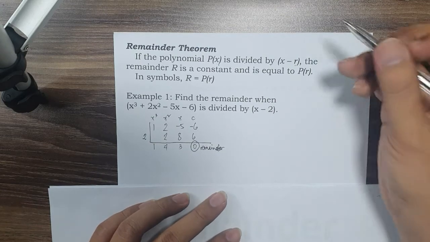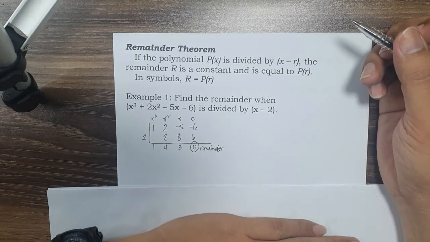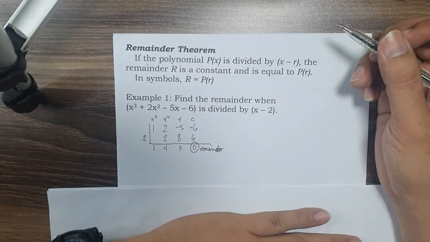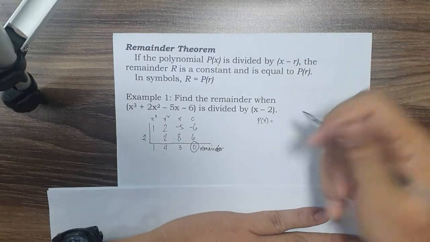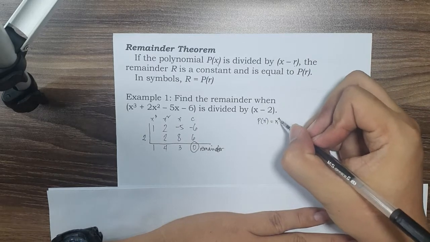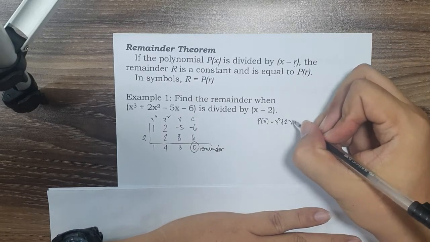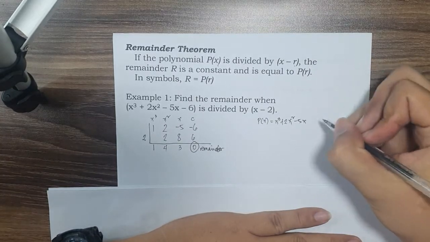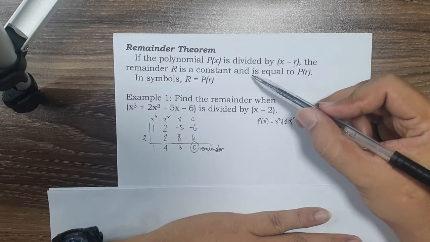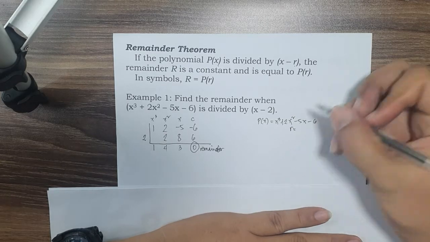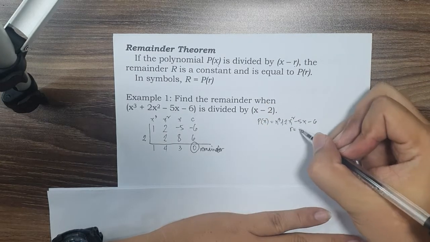Okay. So, paano naman daw yung pag in-evaluate? So, ang polynomial natin this time, so your p of x is equal to x cubed plus 2x squared minus 5x minus 6. Okay. So, pag sinunod natin yung remainder theorem, yung r mo dito will be positive 2.